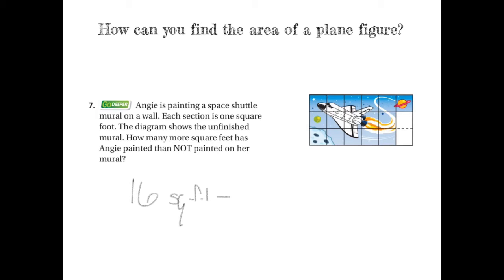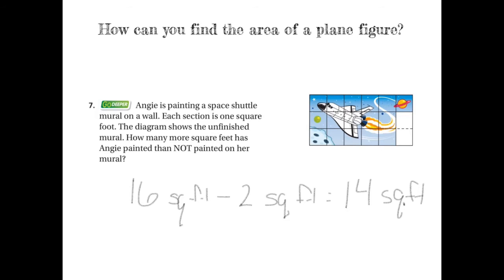So there's 2 that are unpainted. So how many more square feet has Angie painted than not painted? So I'd subtract minus 2 square feet, and that gets me 16 minus 2 is 14 more square feet. So sometimes you have to take that and apply what we're learning.